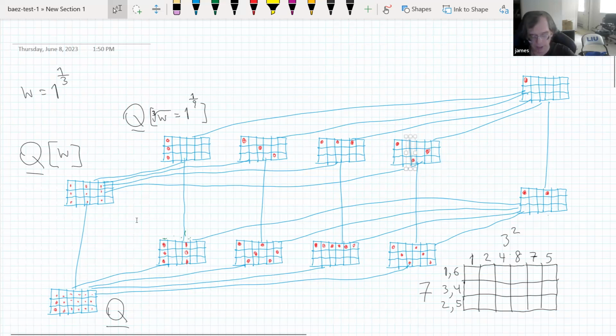And here we're differing by a unit in the Eisenstein integers, or in the relative Eisenstein integers. And so that's giving me this ambiguity.